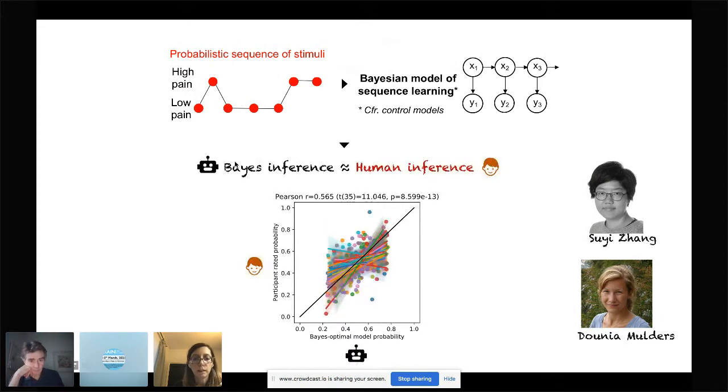This is a preview of new results, not published yet, but we have quite good evidence now that human inference of the probabilities of forthcoming pain is very closely related to an optimal Bayesian inference with a little bit of forgetting. Again, this is just a preview.